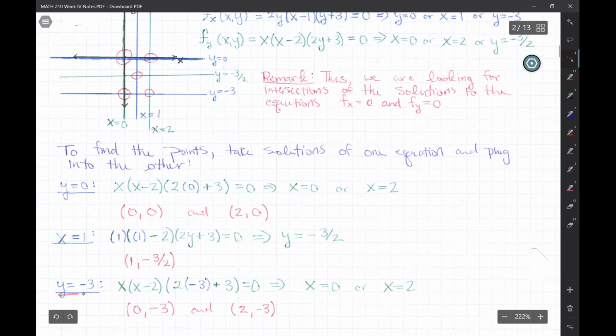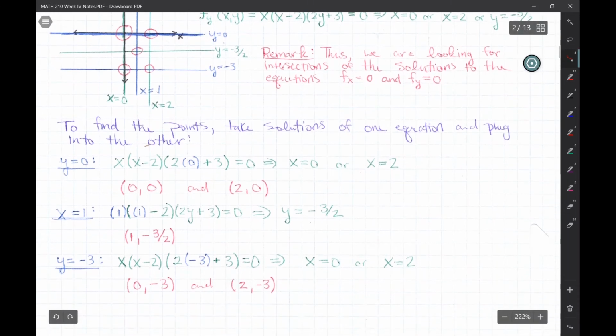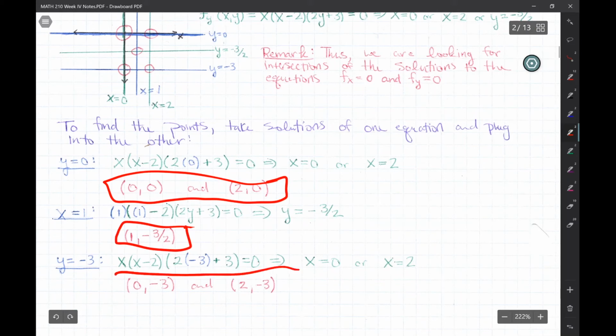And finally, we do the same thing with y equals negative 3, plug it into the original equation there, we get x equals 0, and so that provides these two critical points. And so we have a total of 5 critical points. These two, this, and that right there.